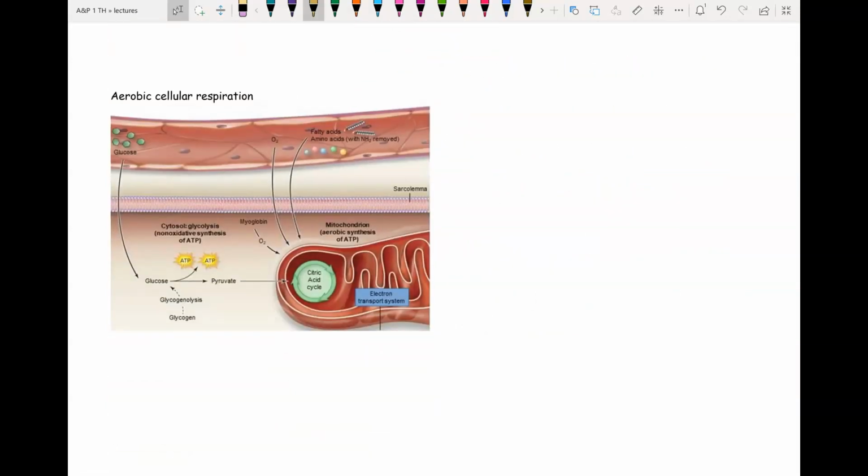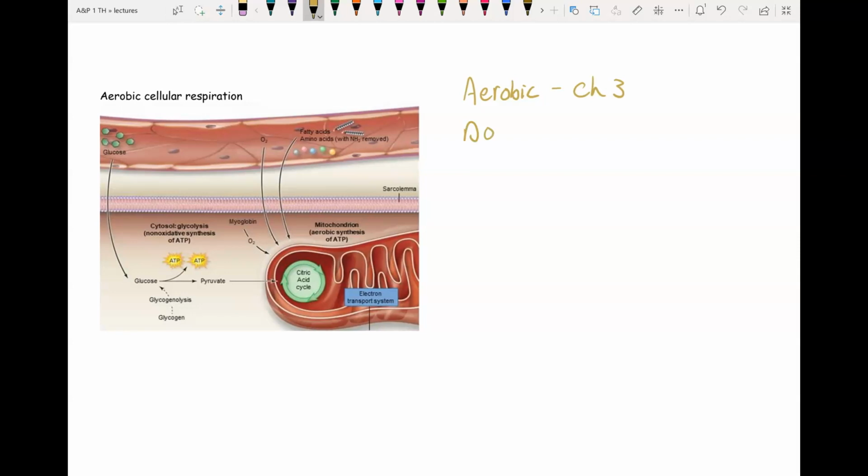Then we move on to aerobic. This is what you learned all about in chapter 3. This is where you do glycolysis. And you get your pyruvates. Then the pyruvates enter the mitochondria, where you do Krebs and electron transport.